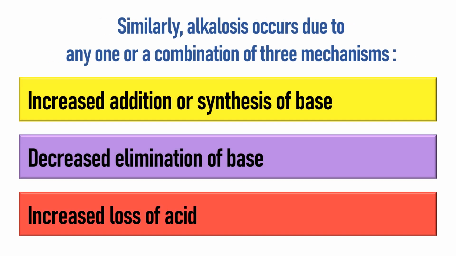Similarly, alkalosis occurs as a result of one or a combination of three mechanisms: increased addition of base into the body system or increased synthesis of base, decreased elimination of base, and increased loss of acid.